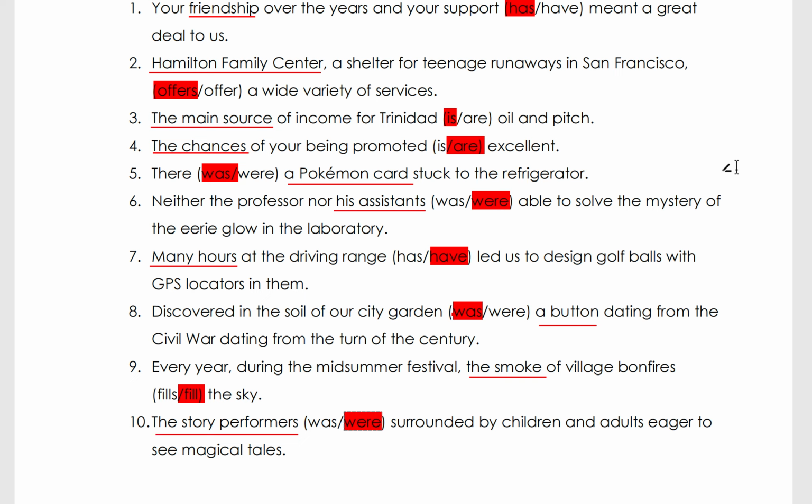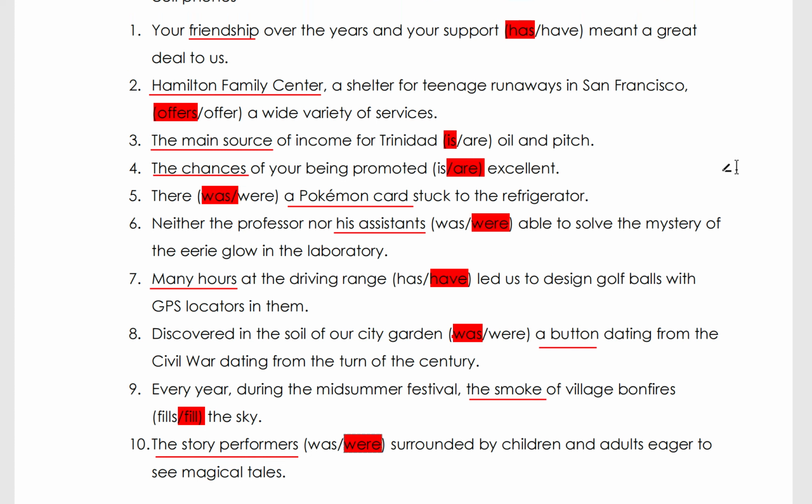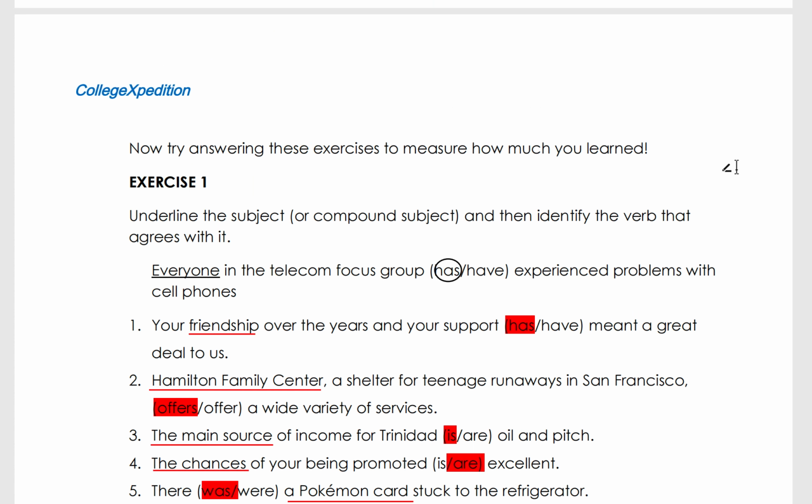That is the rule. And with neither, either, or nor, you have to look at the subject that is close to the verb, so that you choose whether it's singular or plural depending on the subject itself. And also, if you have "there," look at what comes after that, because the subject itself will come after "there," whether "there is a card" or "there are cards." So this is the lesson for today.